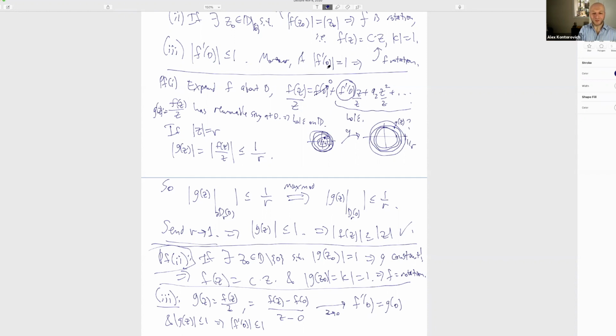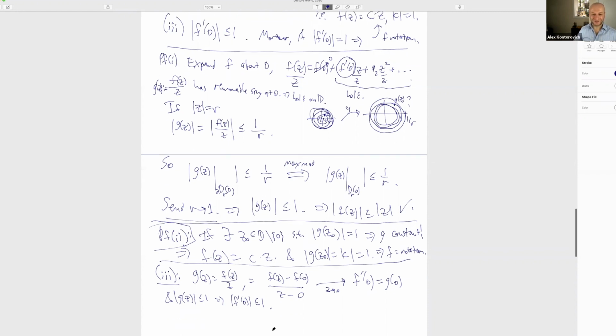Now, what if F prime of Z is equal to 1? If F prime of 0, rather, if F prime of any point, including the point 0, is equal to 1, then G of 0 is equal to 1.